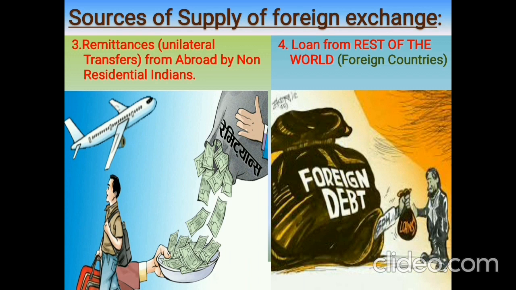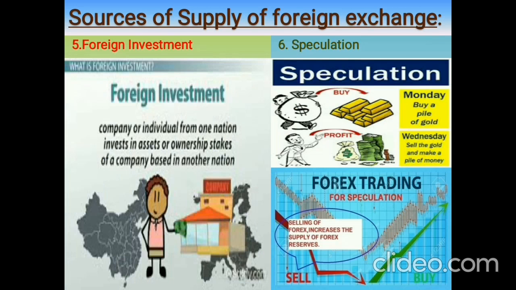So we move to fifth, foreign investment. As we know, foreign investment is when companies and individuals from one nation invest in assets and ownership stakes of a company based in another nation. It means some individual will invest in other countries in the form of foreign exchange. So it also creates a supply of foreign exchange in a particular country.